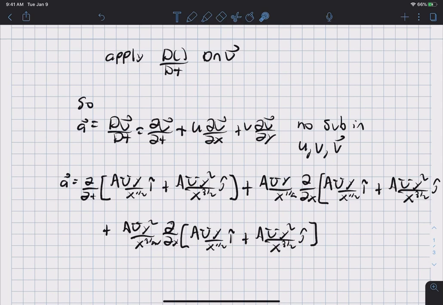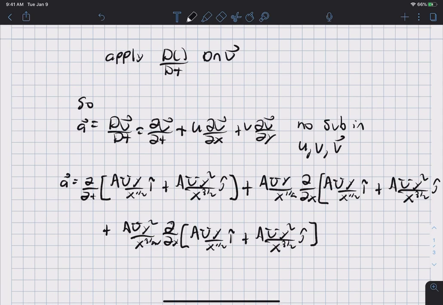When we substitute in the small u, we do not include the i hat because small u is just the magnitude of the velocity component in the x direction, and similar for small v, which is right there. So now we just take these derivatives like so.